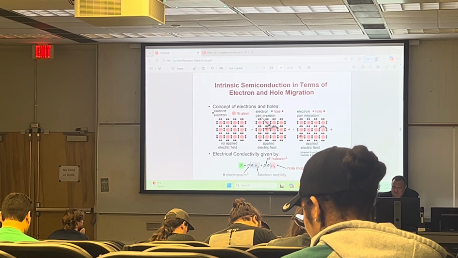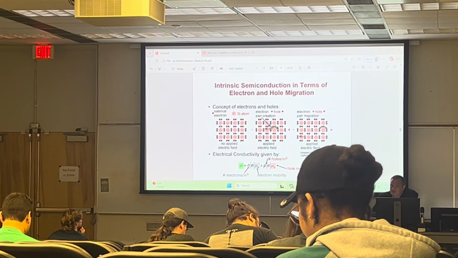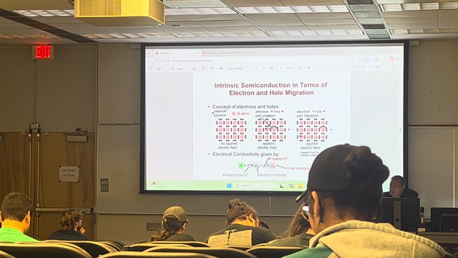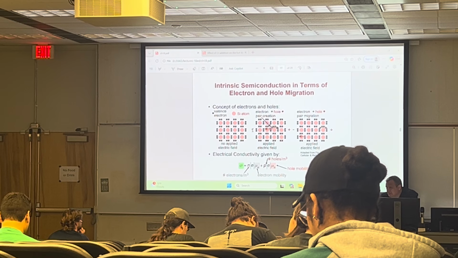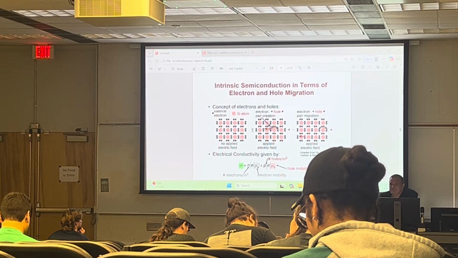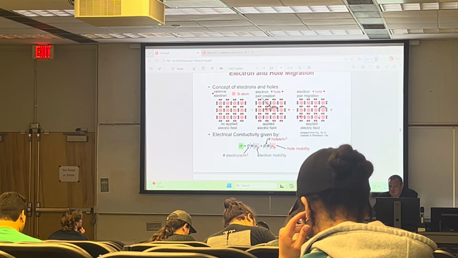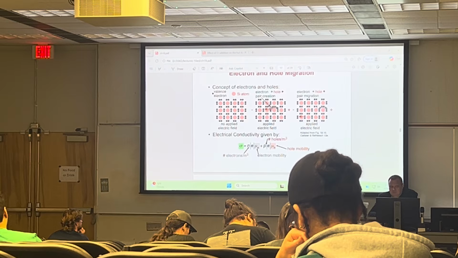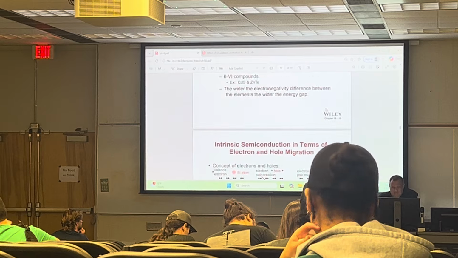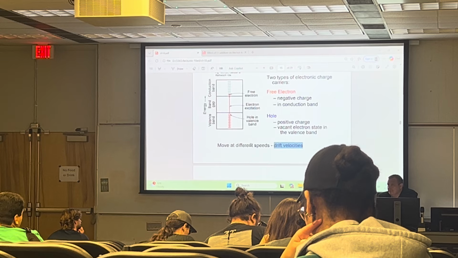If an electron is leaving here, it leaves a spot, it creates a hole. As a result, one side gets positively charged and the other gets negatively charged, because there's what we call a charge separation. Both start to travel in their respective directions. But their velocity, as we discussed earlier, the drift velocity, is different. So they're moving at different velocities.